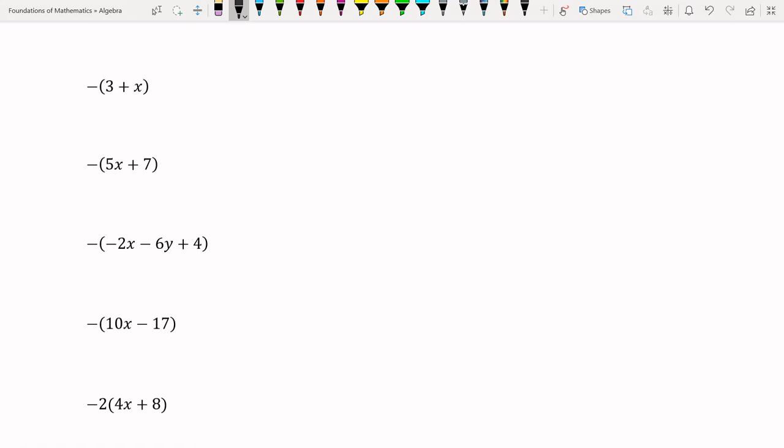If there's a minus in front, as we have here in this first one, we're distributing a negative 1. Just imagine there's a 1 right there, and distribute a negative 1. In other words, multiply everything on the inside by negative 1. What you'll see is all that happens is everything on the inside changes signs. If it's positive, it'll go negative.